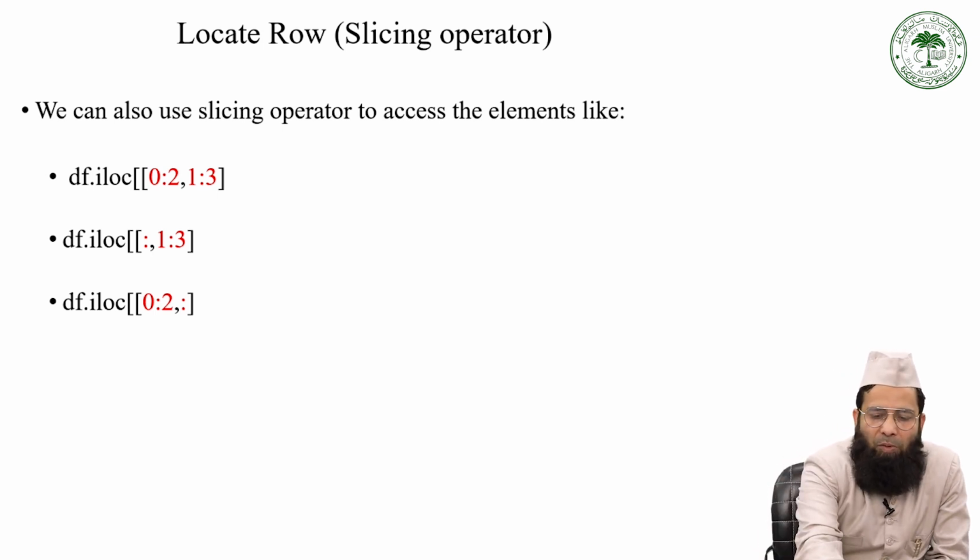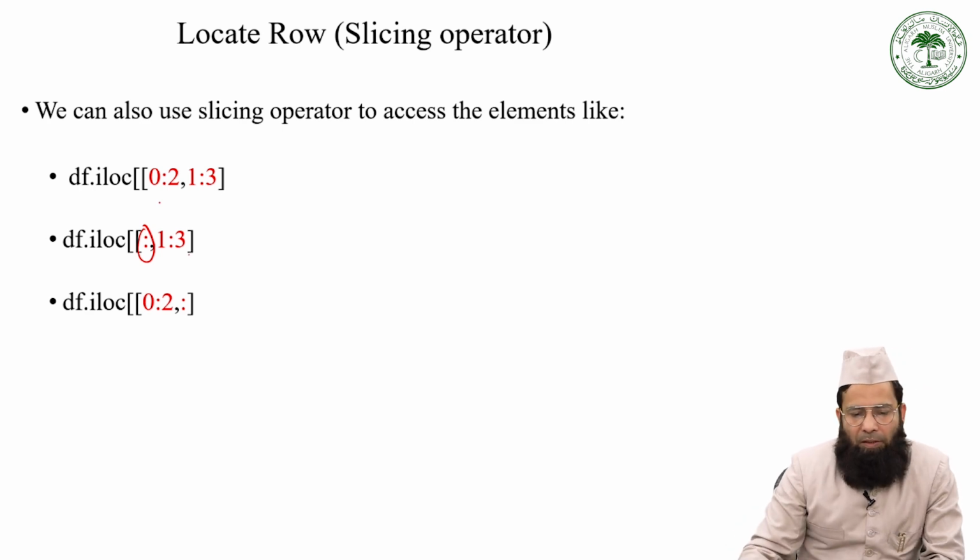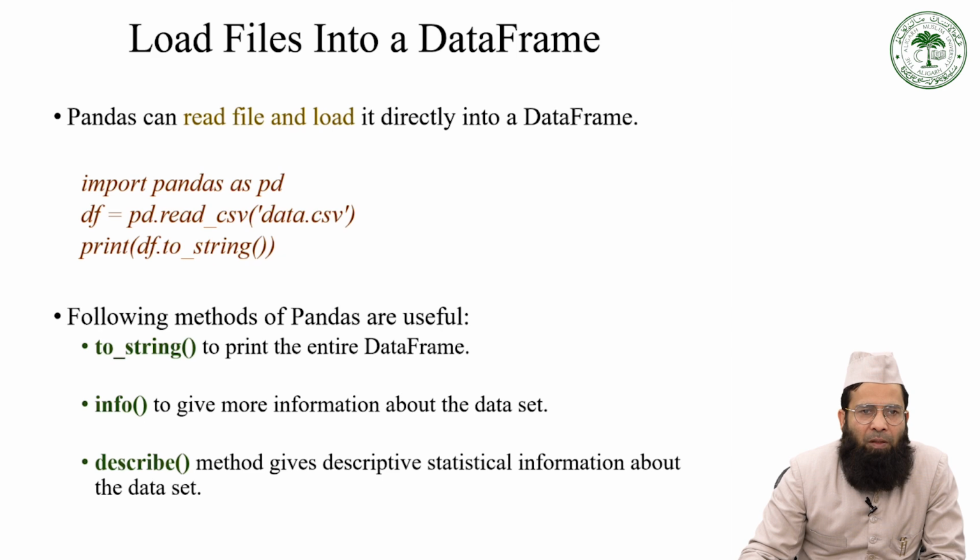Like in this case, you are trying to access row numbers 0 and 1, and here column numbers 1 and 2, right? Here in this case, I am trying to access all the rows and column numbers 1 and 2, right? So in this way, we can access the data.